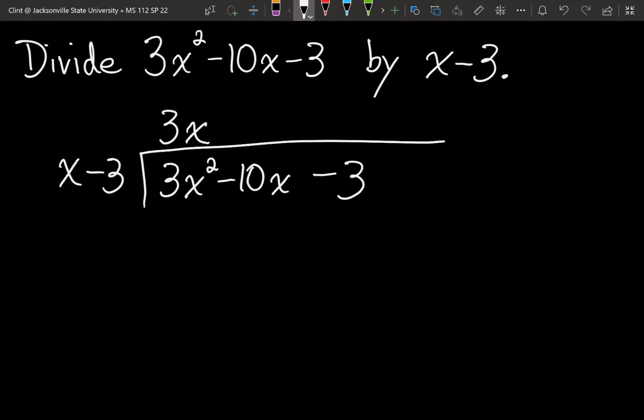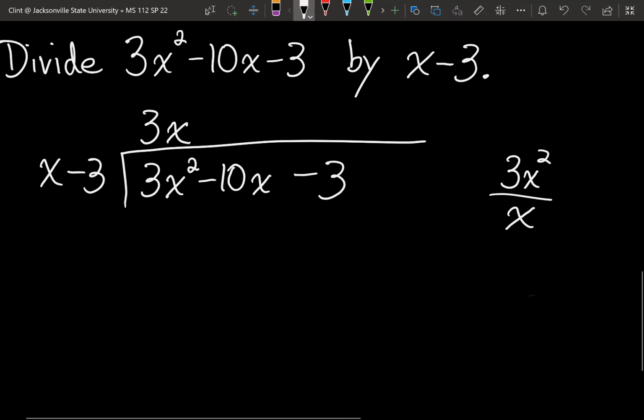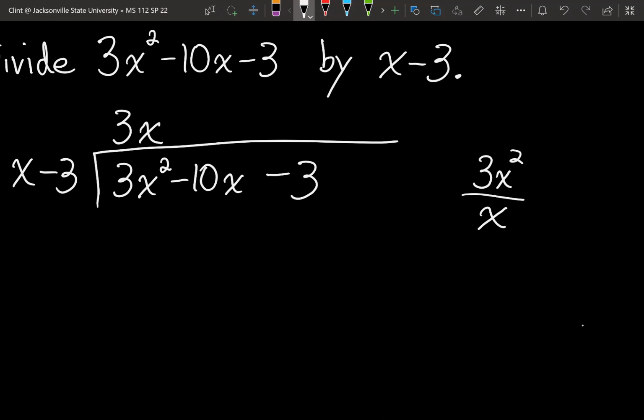X. That way, when we multiply, if we did 3x times x, we would get 3x squared. That's what we want to happen. If that's confusing to you, another way of thinking about it is we've got 3x squared on the inside, and we want to divide that by x. If you do that division, one of the x's cancels, and we get 3x. You can think about it that way too if you want to.